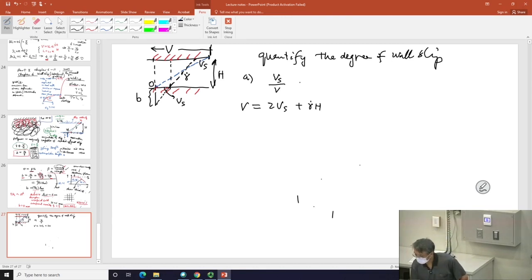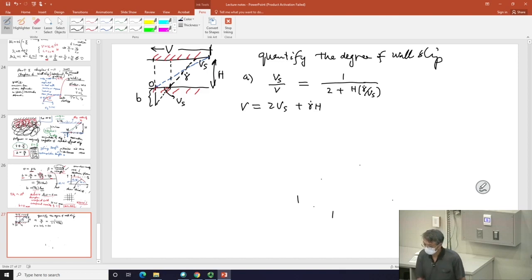So if you plug this in here, basically I'm going to divide upstairs and downstairs by V, and of course, that gives me a gamma dot over Vs at the bottom.